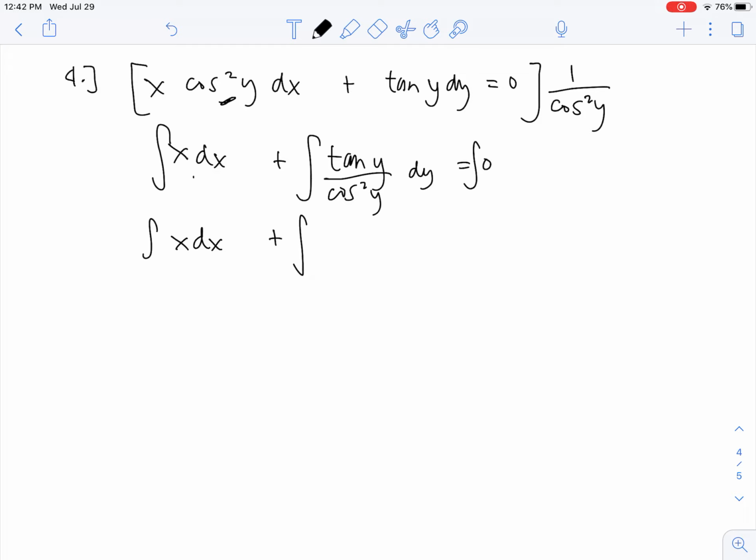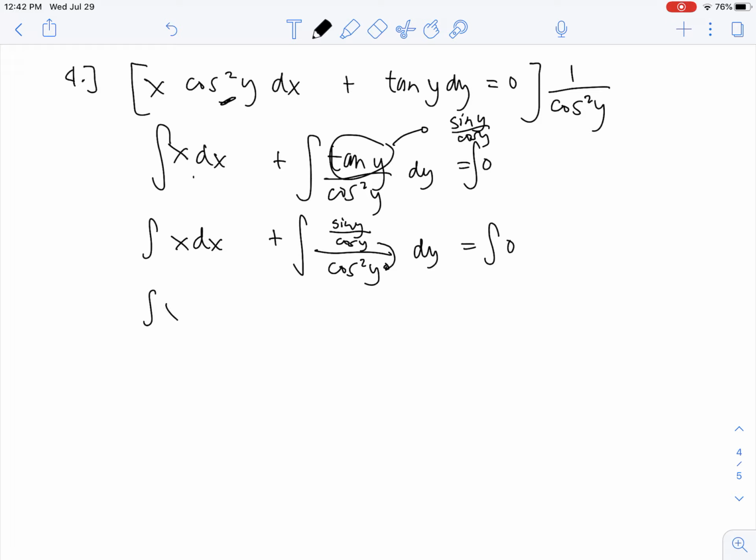So kopyahan na to ang first term. Diba ang tan y is sin y over cosine y. So pwede na to siya may himuong sin y over cosine y, then over cosine squared y dy is equals to integral of 0. Next, nabuhaton kan di mababa na siya. Ma-multiply siya sa ubos.